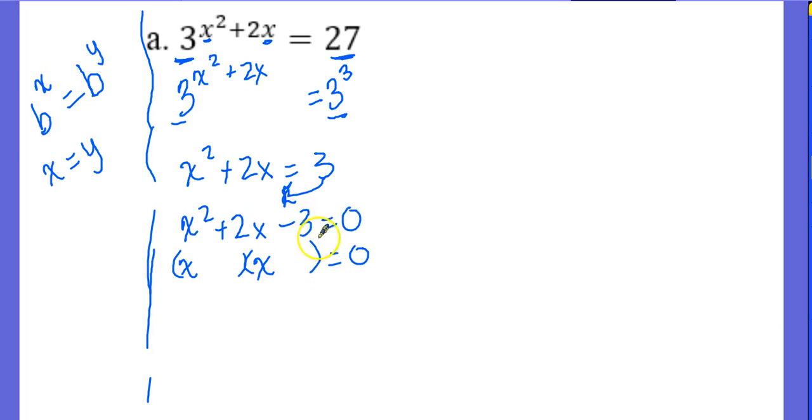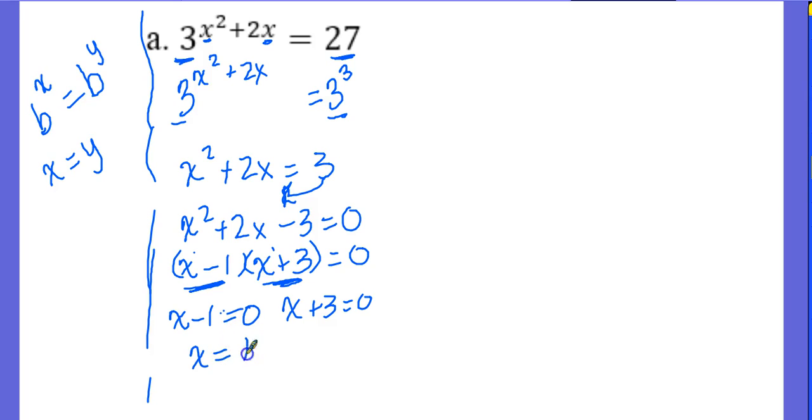I'm looking for 2 numbers that multiply to -3 and add to 2. -1 and +3 would work great. So I have factored those down, so now my x's are to the first power. And so either this has to equal 0 or this has to equal 0 if I'm multiplying them and they equal 0. So we would say either x minus 1 equals 0 or x plus 3 equals 0. Therefore, x must be either 1 or x is -3.